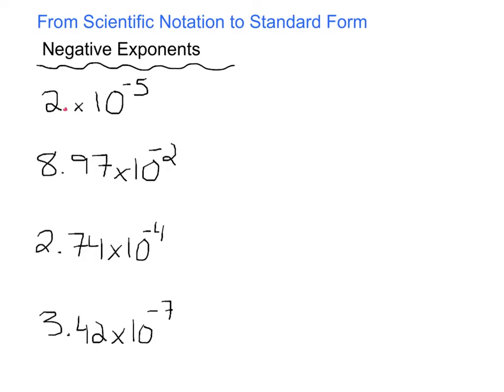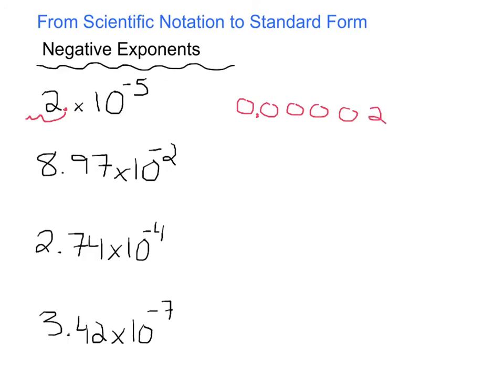We move that decimal place 5 times to the left. What it really means is you're going to have 5 zeros in front of the 2 as long as you put the decimal in between the first 2. So 5 zeros counting the 0 in front of the decimal and then the number 2.